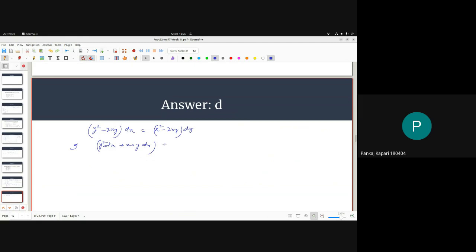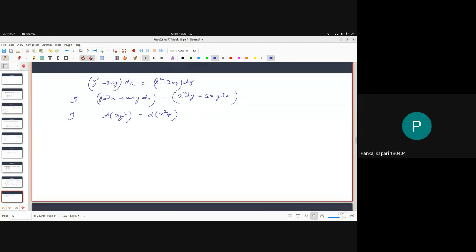So we are taking 2xy dy on the left hand side and x square dy plus 2xy dx on the right hand side. Okay. Why we are doing it? Because this differential equation is exact, and you can see that the left hand side just becomes d of (x y square), and the right hand side becomes d of (x square y).